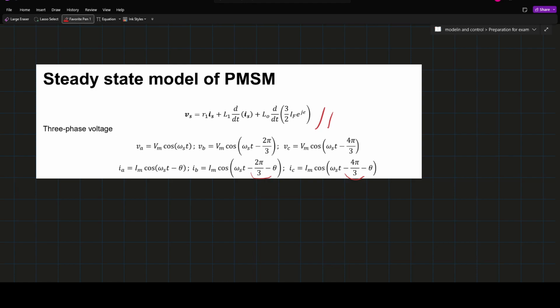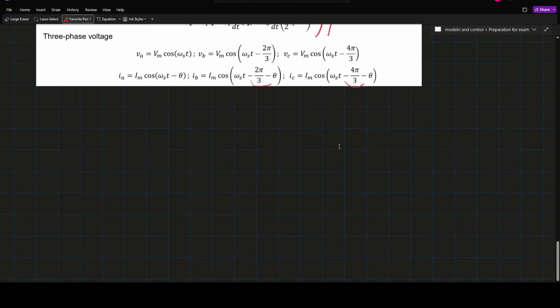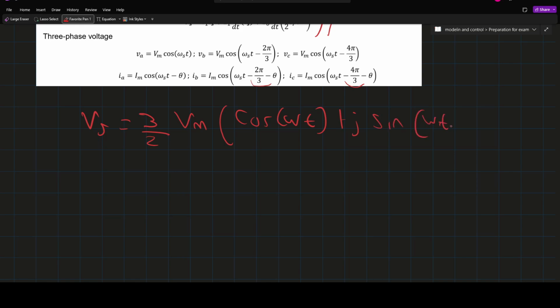So as we did in the squirrel cage, we are gonna say that our Vs, that is our voltage in phasor form, is gonna be 3/2 Vm (cos omega t plus j sine omega t). So this phasor is gonna be 3/2 Vm e^(j omega t).